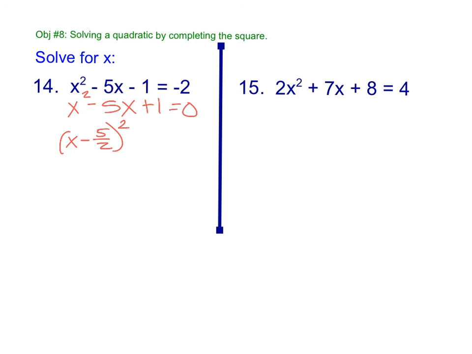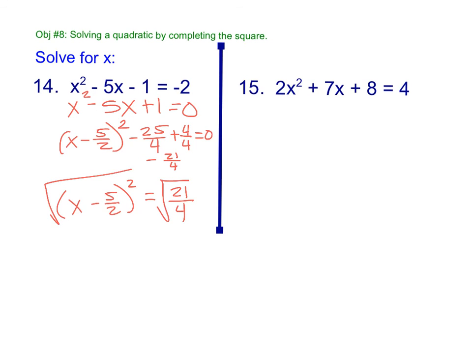So I have to square that. 25 over 4 minus 25 over 4 plus that 1 I'm going to turn into 4 over 4. So that's 21 over 4. And it's negative, so that's going to move to the other side. X minus 5 over 2 squared equals 21 over 4.